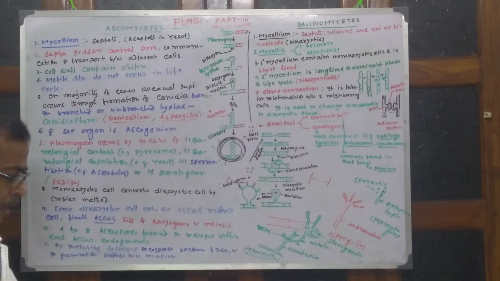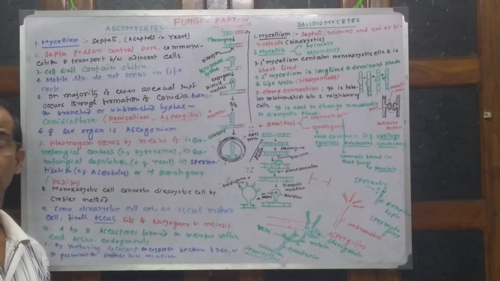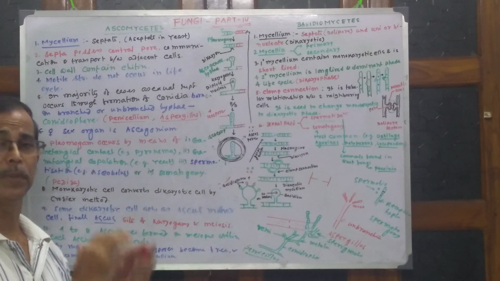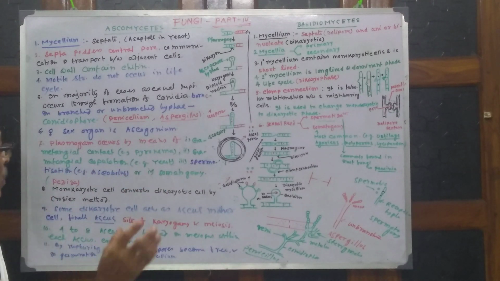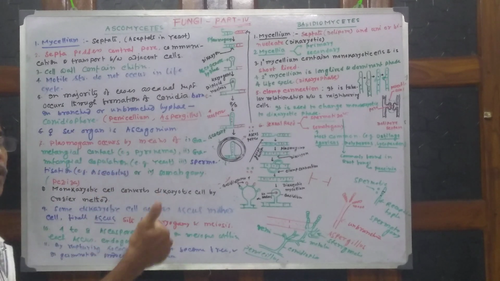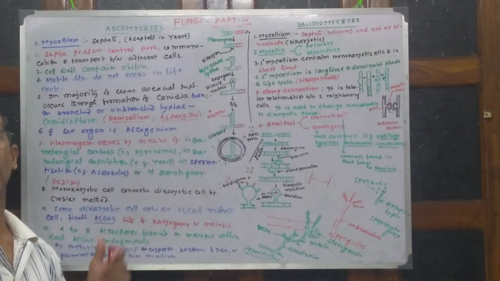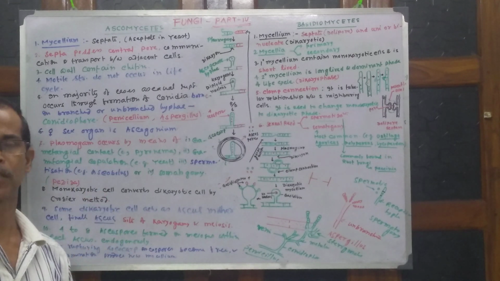Plasmogamy means, during the sexual method of fungi, as I discussed in my previous class, plasmogamy, karyogamy, and meiosis. These are the three fundamental stages in thallophyte members.